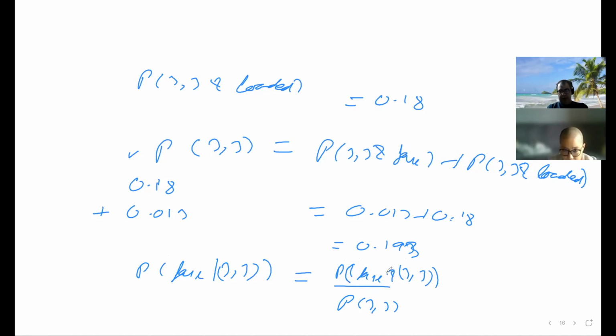P fair and 3,3. This we have calculated, 0.013. And what is P3,3? Is it not 0.193? Yes. So we get 0.067 as the answer.